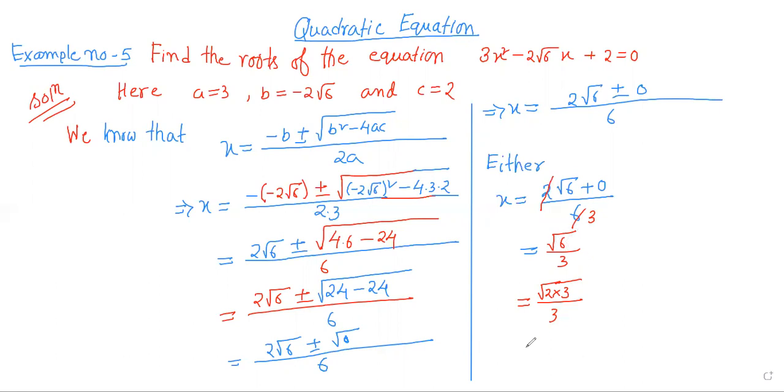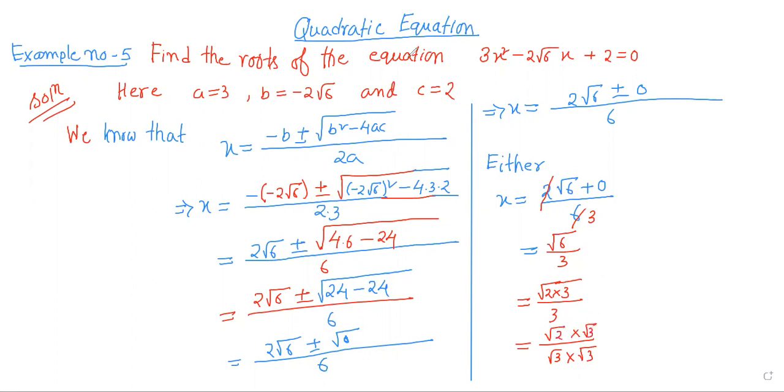Okay, I'm just simplifying it. Here we can write this 3 as root over 3 into root over 3, right? And we can write this as 2 into root over 3.